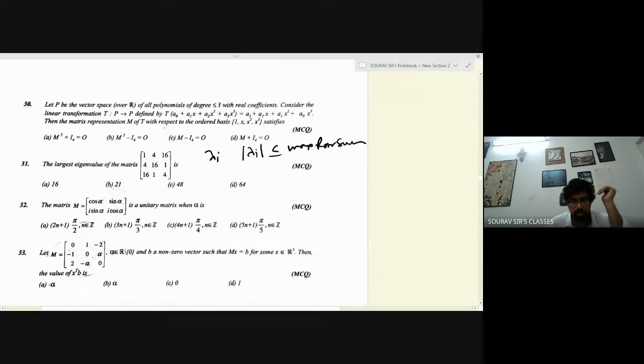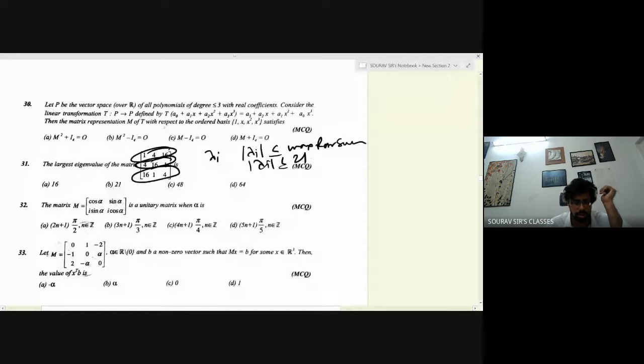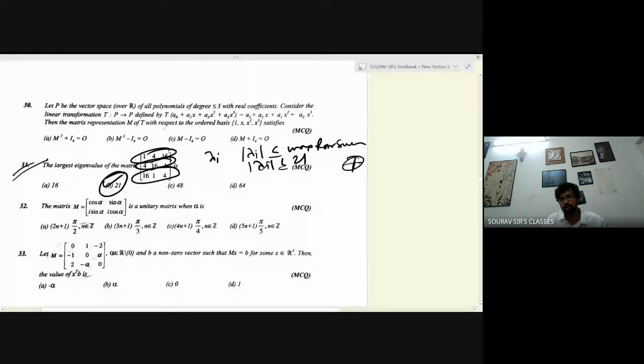The maximum row sum is every time 21. So lambda equal to 21 is an eigenvalue as well. So option number B is correct. See, within seconds we can solve. In examination, our target is to do this stuff only. So you need to go for some sums and finish them off very quickly, and then only you can target the others.